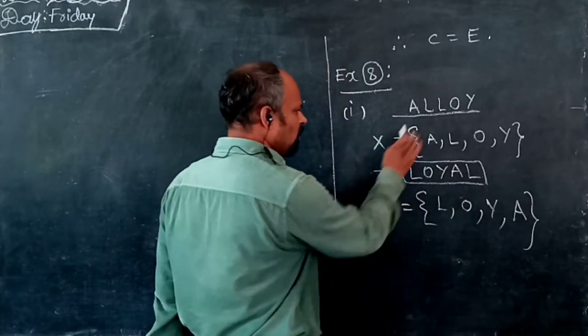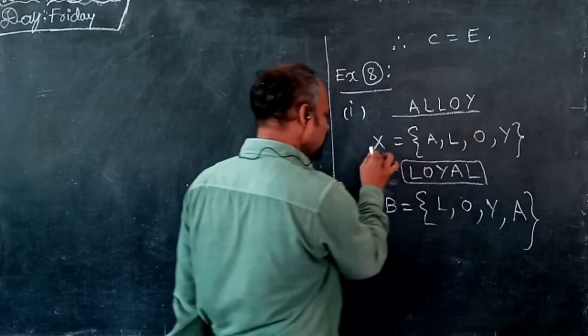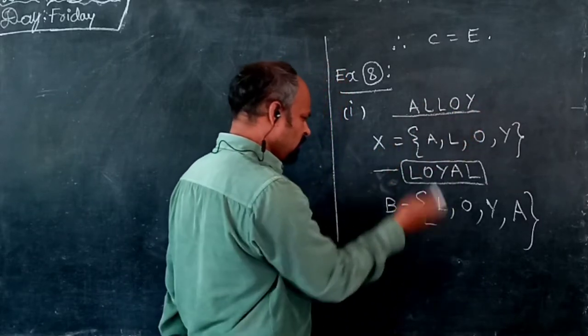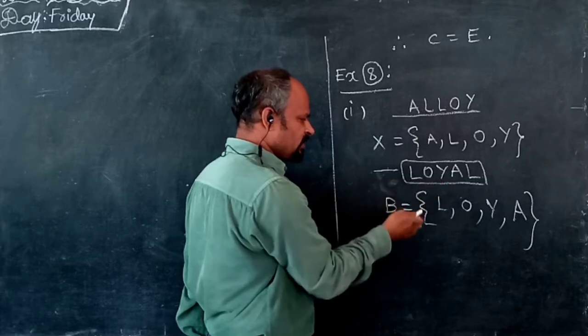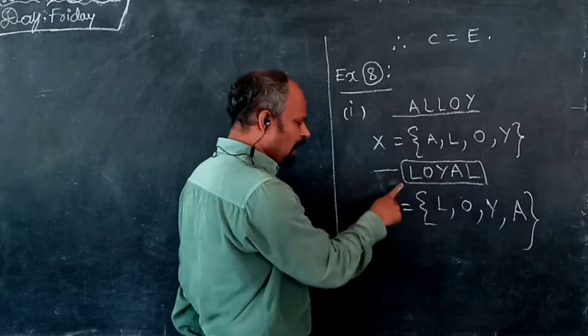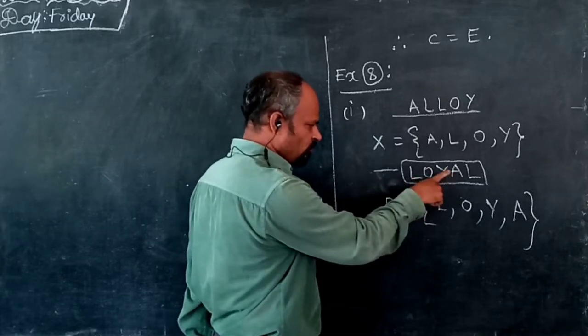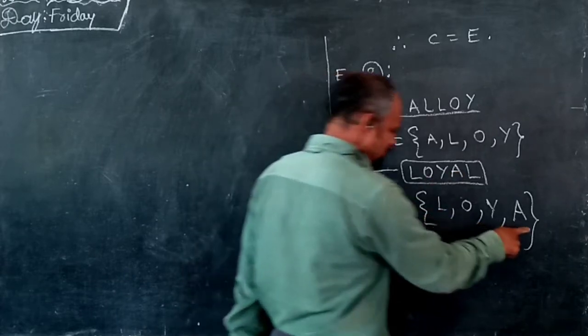I'll write all the letters of alloy under the name of X, then all the letters of loyal in the set B.